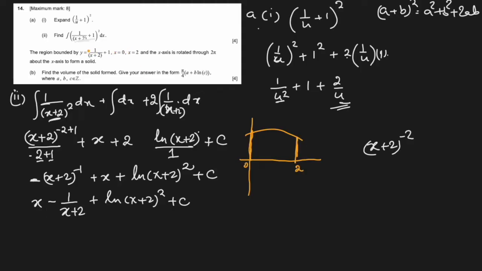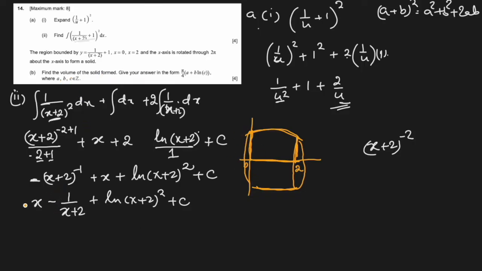This is the x-axis, and now it is rotated about the x-axis. So this will become a drum like this, if it was the right graph. I've just assumed that this is the graph. So 2 pi means full 360 degrees. Find the volume of the solid.